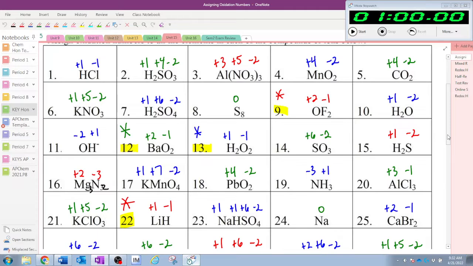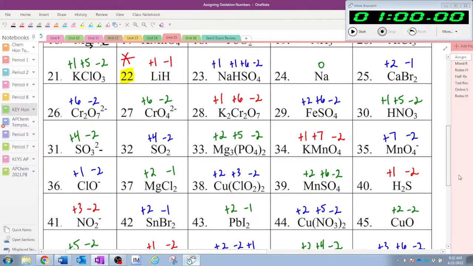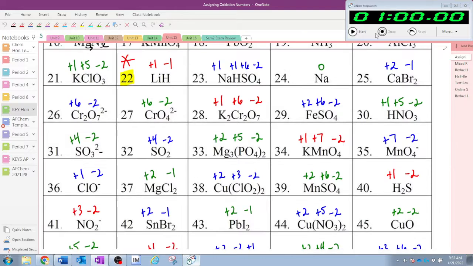Scrolling down, I'm going to stay with 21 to 45, 21 to 45 coming up. And did everybody catch 24? I know not all of you did. That's one you guys tend to miss.